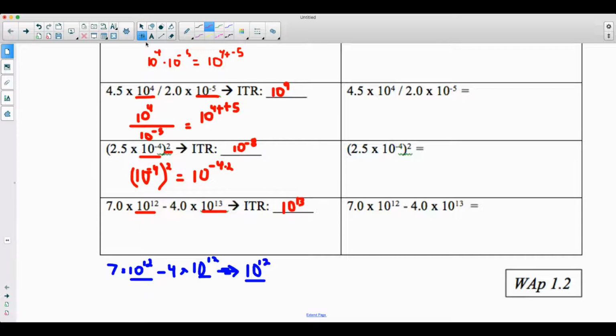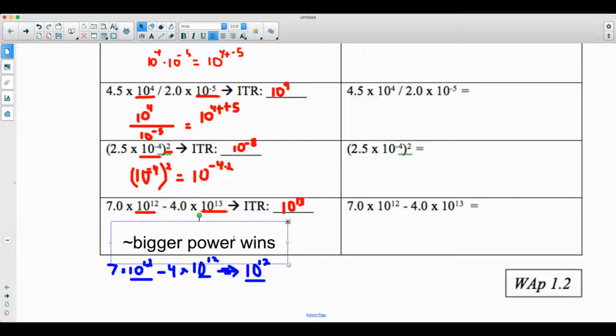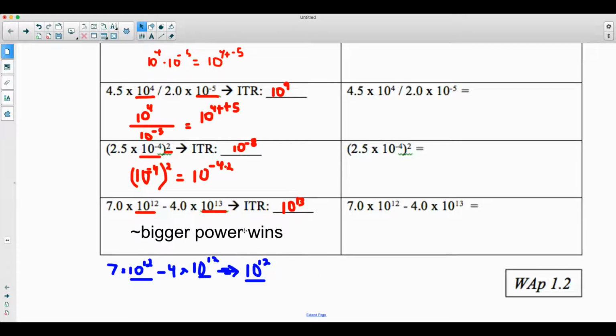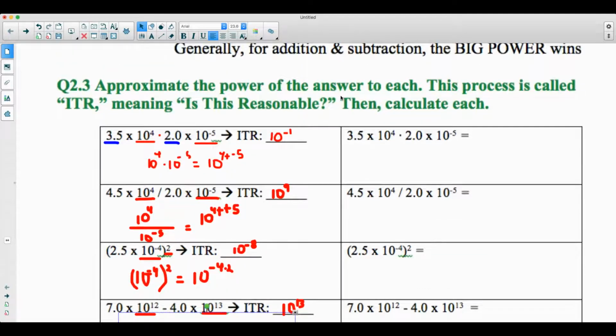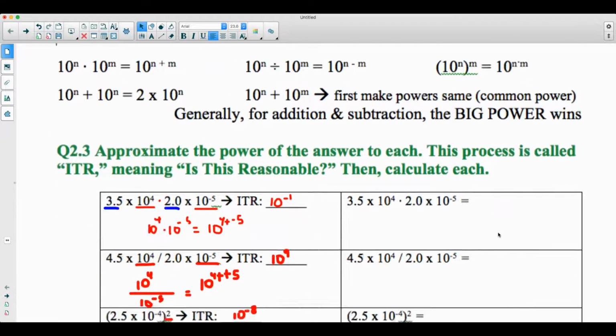Here's the rule: generally, approximately, the bigger power wins when you're doing addition and subtraction. That comment is also at the top of the page in the notes. So if these two are the same, add up the coefficients. If they're different, make the powers the same, you need a common power. And generally speaking, the big power wins.